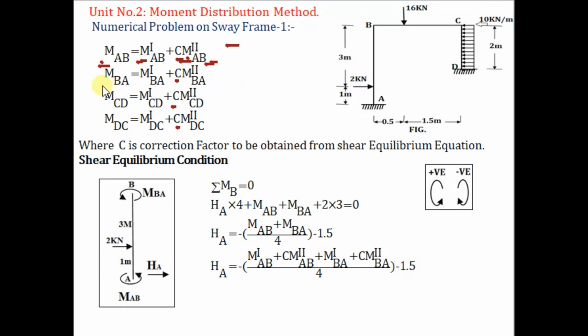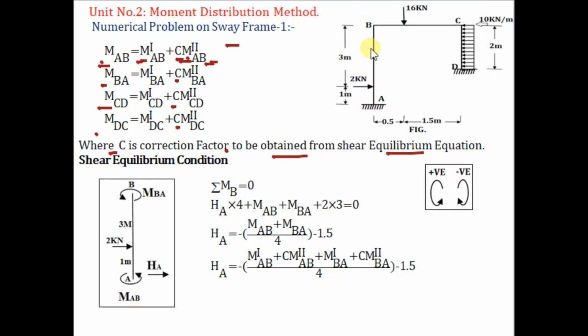Okay, so by considering that we will get the end moment for column AB and column CD, where C is a correction factor to be obtained from the shear equilibrium equation.